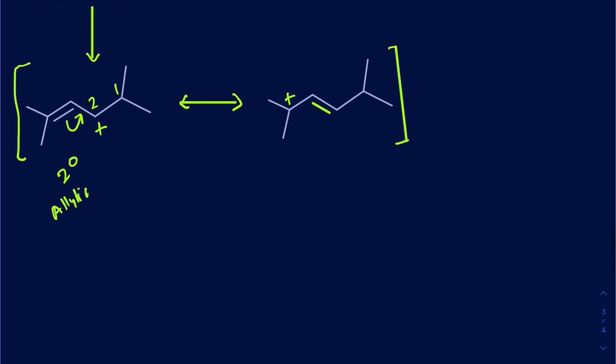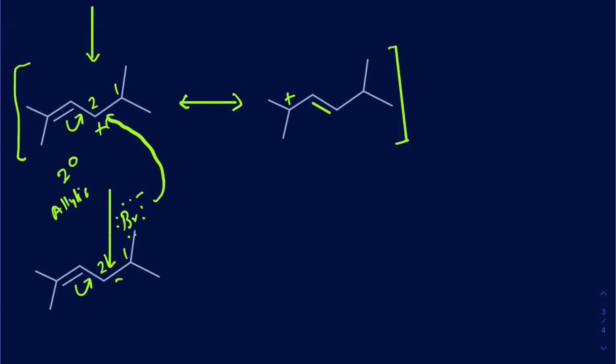So now I can do two things. I can have my Br minus either attacking the first resonance, since this first resonance is actually going to be chiral at carbon number 2, so I can have the top attack and bottom attack. So you can have two products there, or a pair of enantiomers rather.